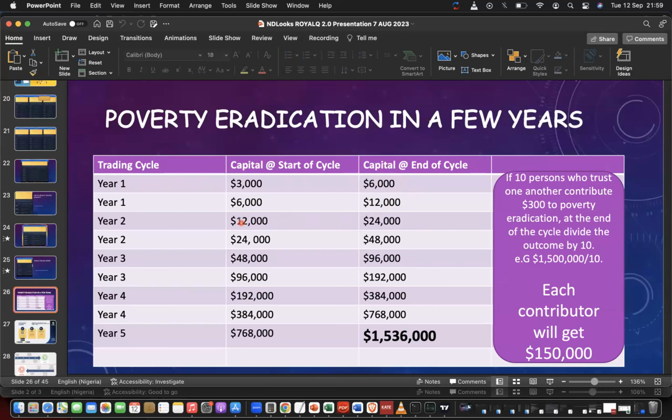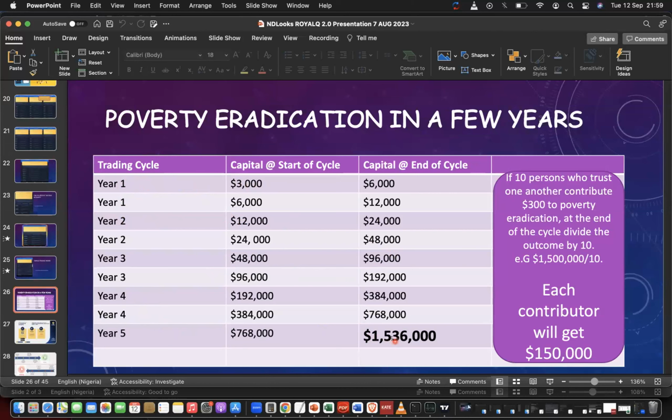So we're just trying to quantify how long it would take to hit $1.5 million. I understand. Right? So we computed it here, like 6 months in a year. I mean, before you know it, within 5 years, a person who started with $3,000 will hit $1.5 million.